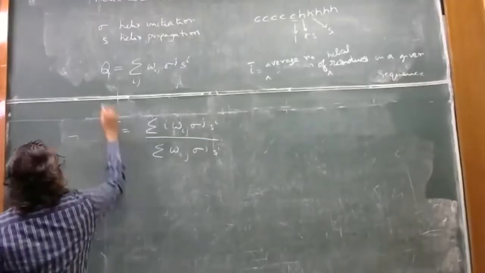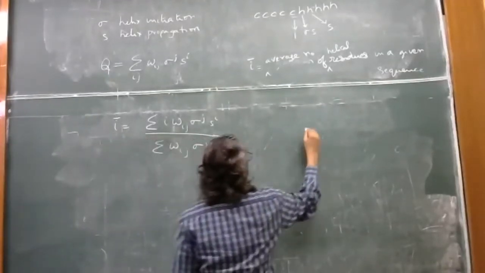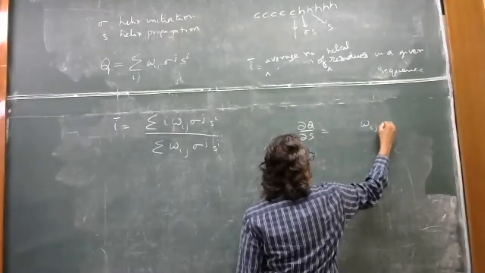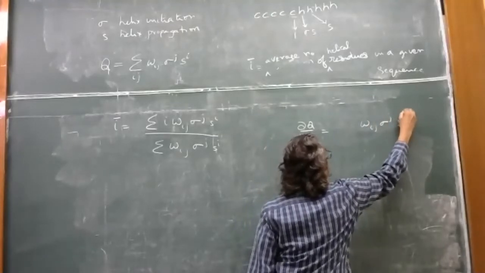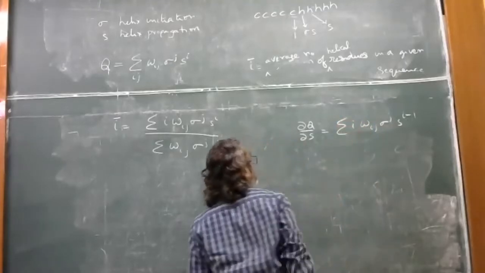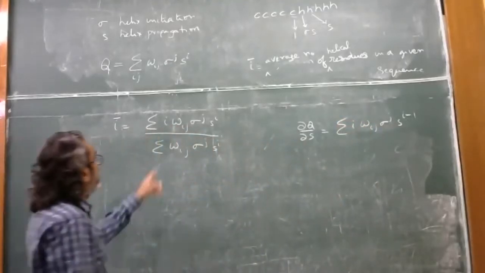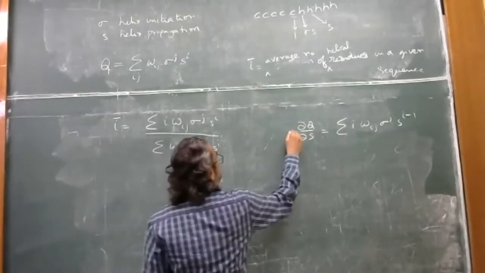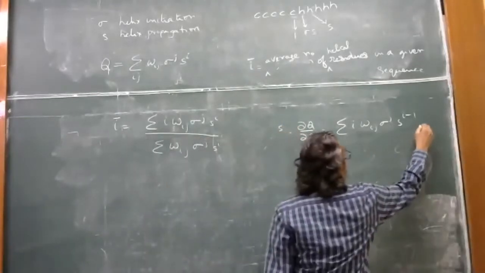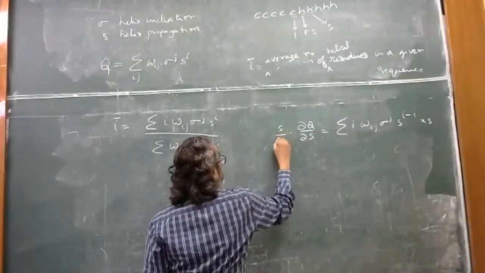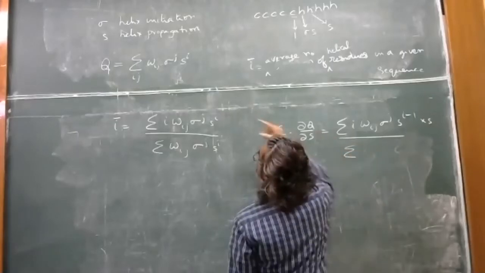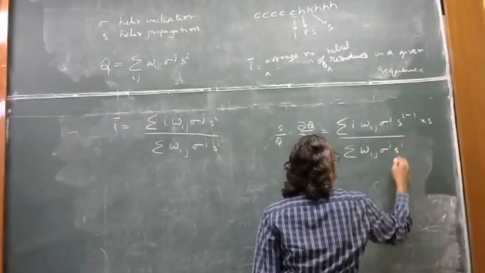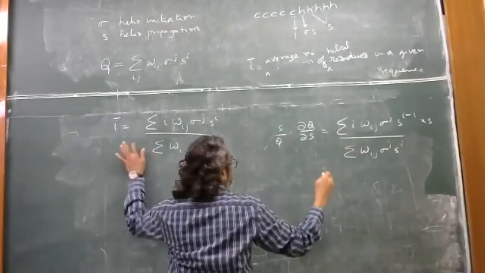We can relate this to Q. If you calculate the partial derivative of Q with respect to S, you get the sum of g sigma to the j, S to the I minus 1, multiplied by I. Multiply this by S and divide by Q, where Q is the sum of g sigma to the j, S to the I. This is nothing but I bar.